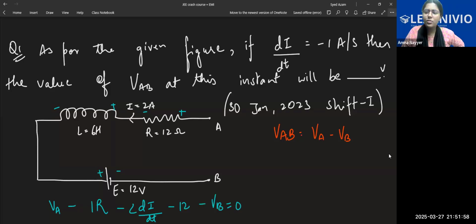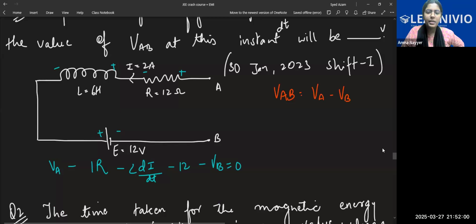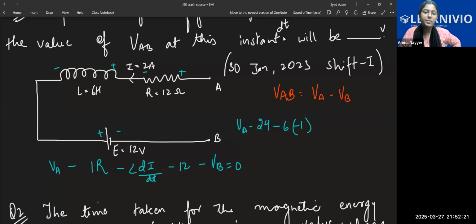Now we have all the values to solve this question. What will it be? VA minus 2 into 12, this will be minus 24, minus L di/dt. So minus 6 into minus 1, since di/dt is also given as minus 1 ampere per second.